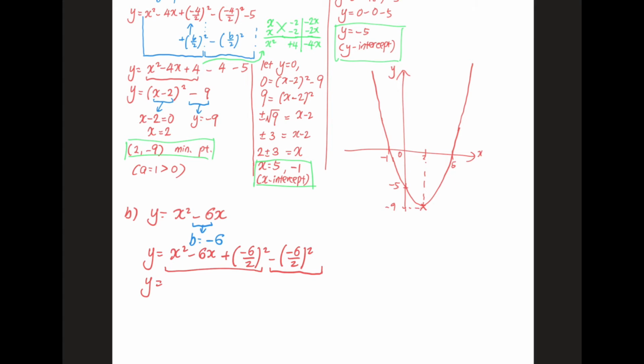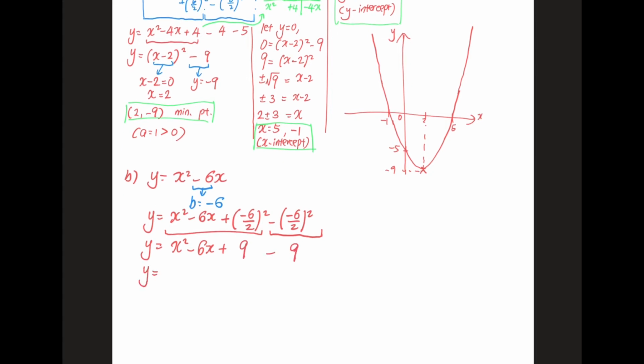Now I simplify. Minus 6 over 2 is minus 3. You square it, minus 3 times minus 3 is positive 9. So we get positive 9 here, minus 9.